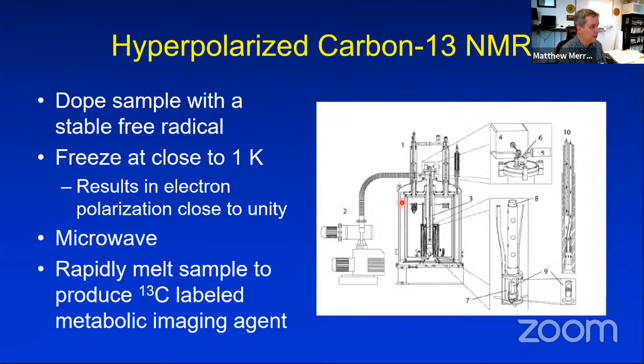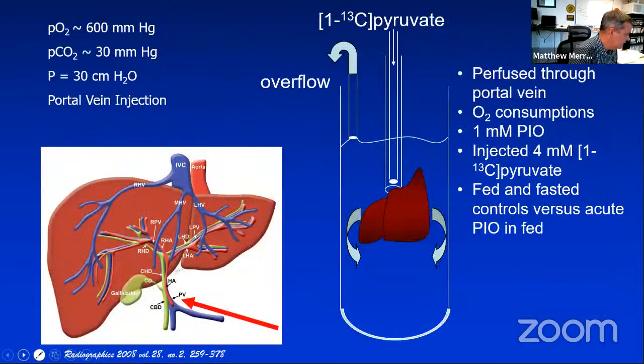Normally it's 1 in a million. So we can produce enhancements of 40, 50, even 100,000 times of the carbon-13 signal. Then you have to melt the sample. But once it's melted, you have a metabolic imaging agent. And we can use that to study metabolism in the following way.